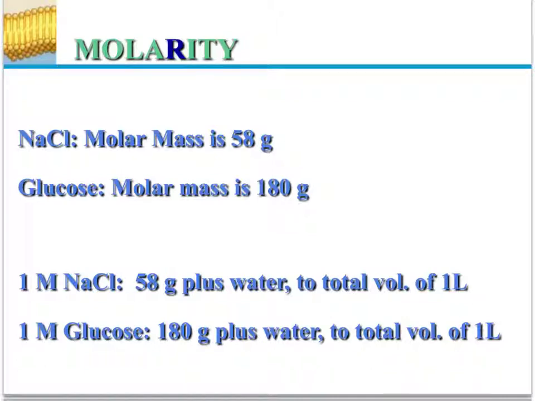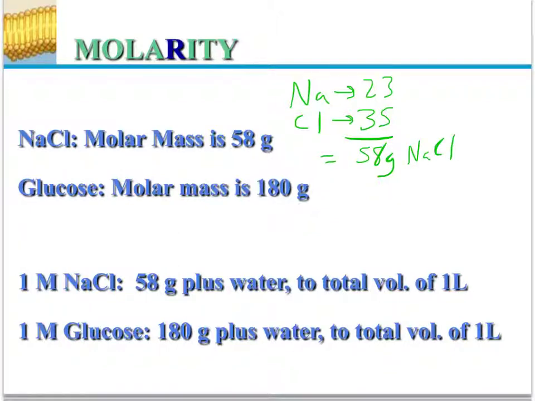To make a 1 molar solution of NaCl, you'd have to figure out the molar mass of NaCl. If you looked on the periodic table and added up Na, which is about 23, and Cl, which is about 35, you get a total of 58 grams of NaCl per 1 mole of NaCl.